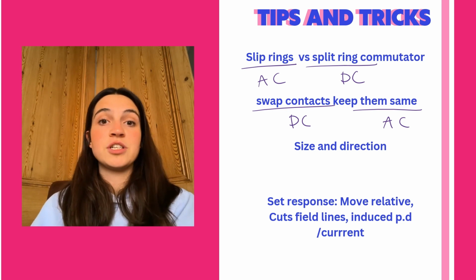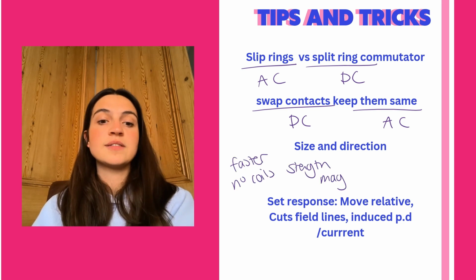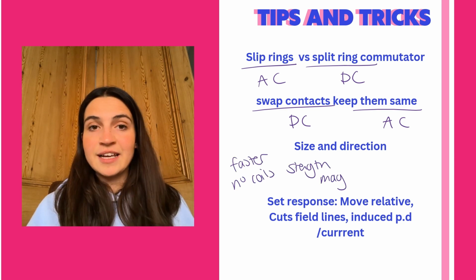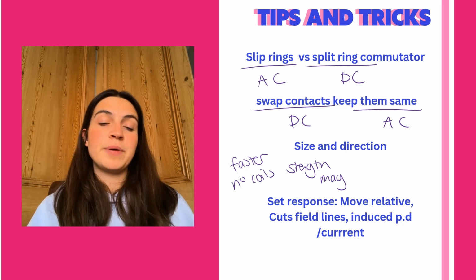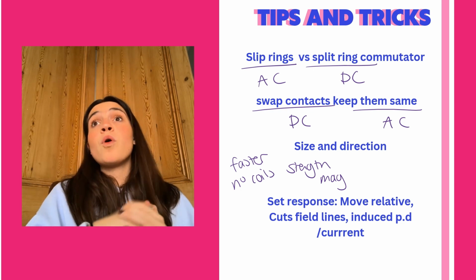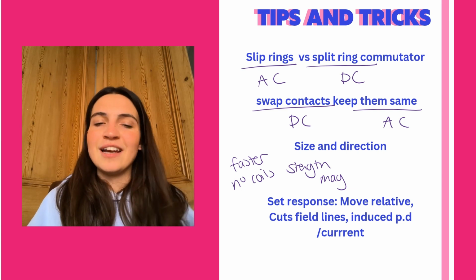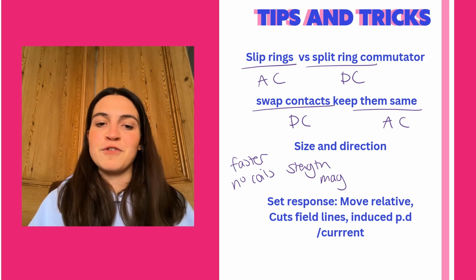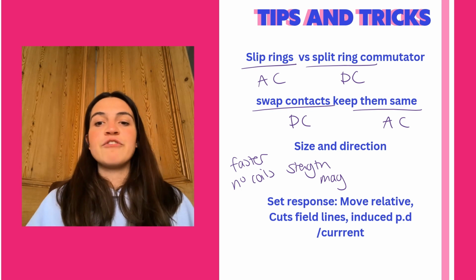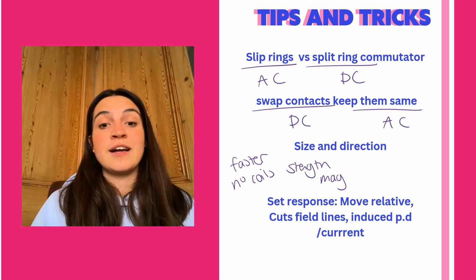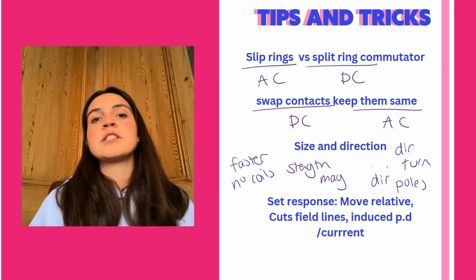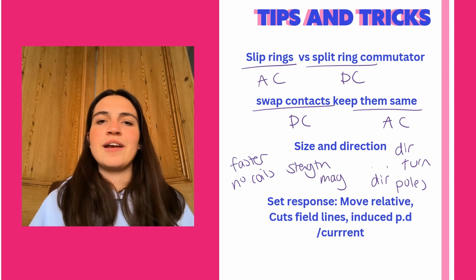Size and direction of these potential differences and currents: spinning it faster gives you a larger PD or larger current. More turns on the coil will give you a larger PD or current, and a bigger strength of your magnetic field as well. Final one, as I mentioned in the first slide of the video, there is a set response whenever you have electromagnetic induction in your exam.